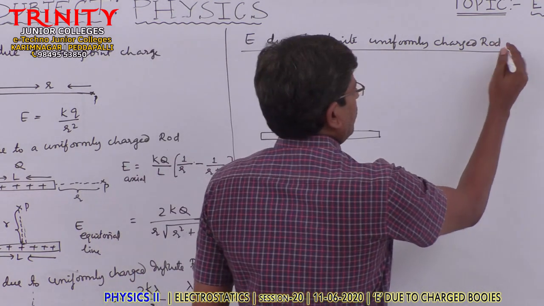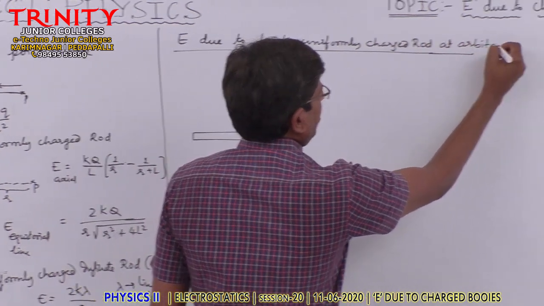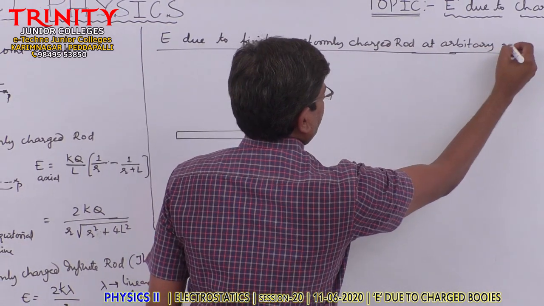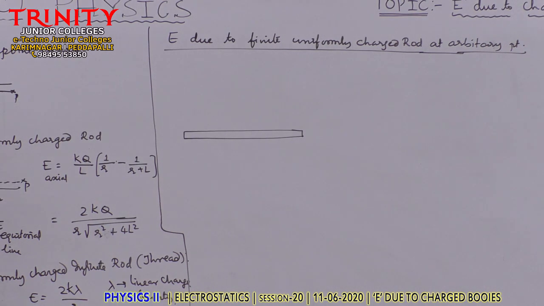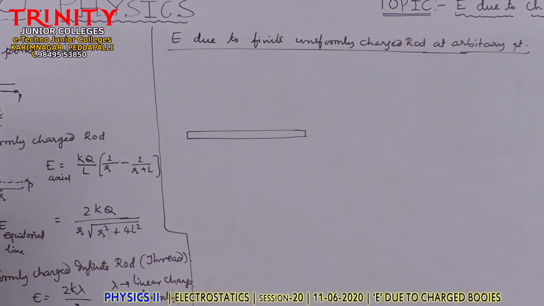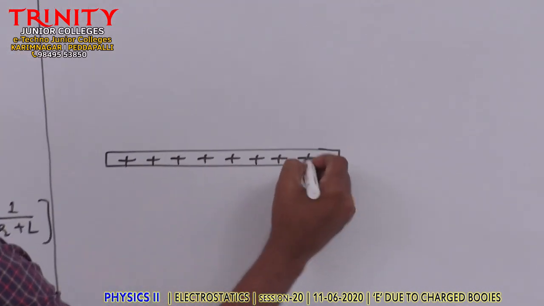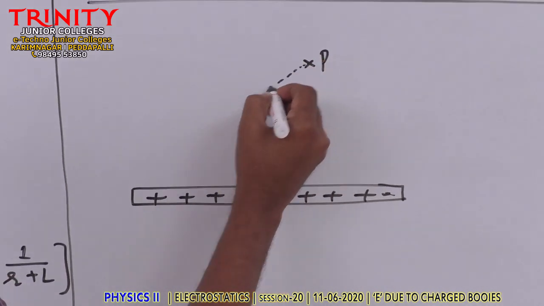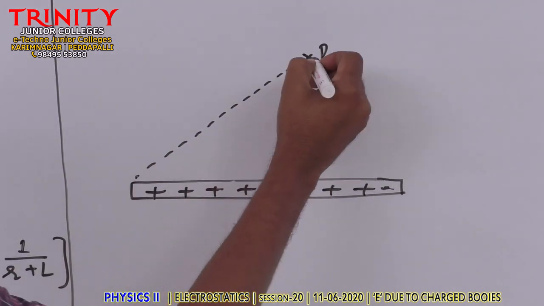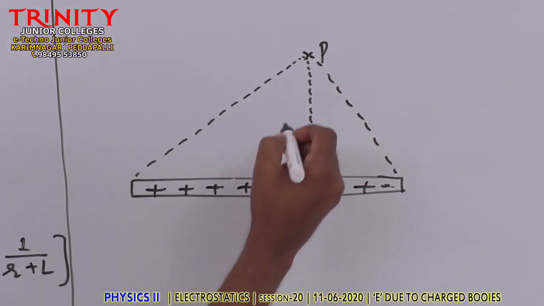And the point is at an arbitrary point, not perpendicular. Already we have seen exactly at the middle, the equatorial line. So the same rod we are undertaking again, but the only difference is that the point is somewhere not along the equatorial line. It will be like this, and this is some distance, you can take R.